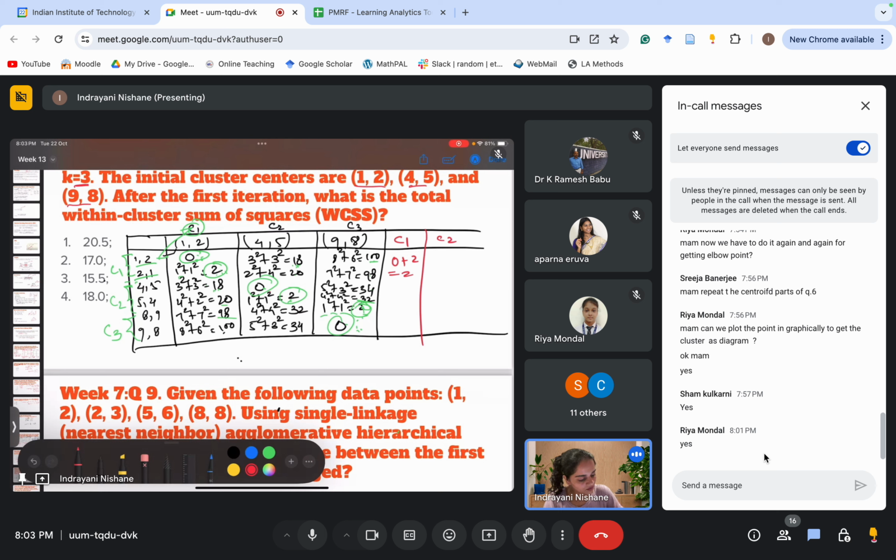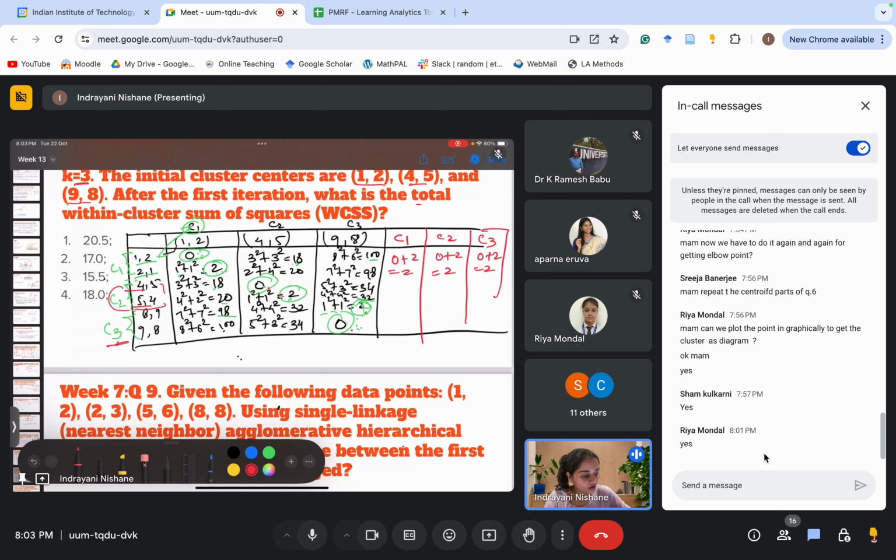For C2, these 2 points belong to C2, right? For C2, 0 plus 2, 2. For C3, 0 plus 2, 2. But we are asked total within cluster sum of square. So we will add this 2 with this 2 and this 2, which comes to 6.